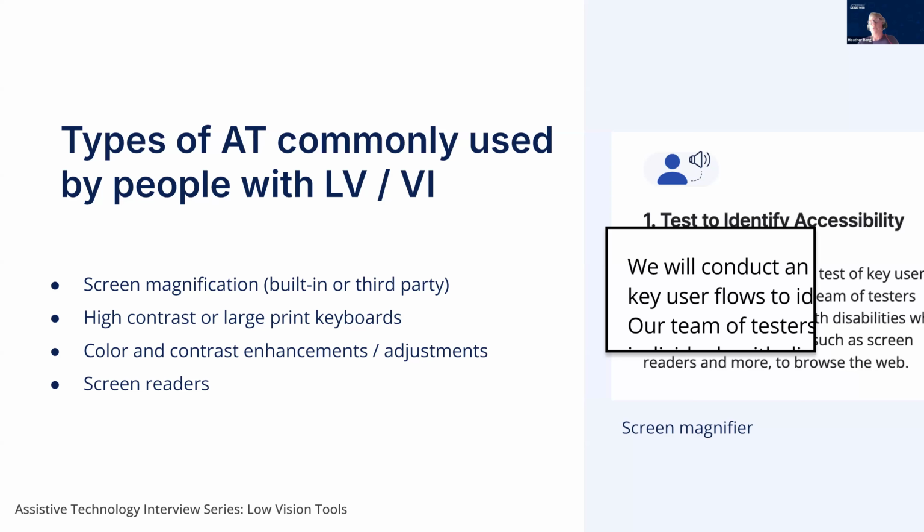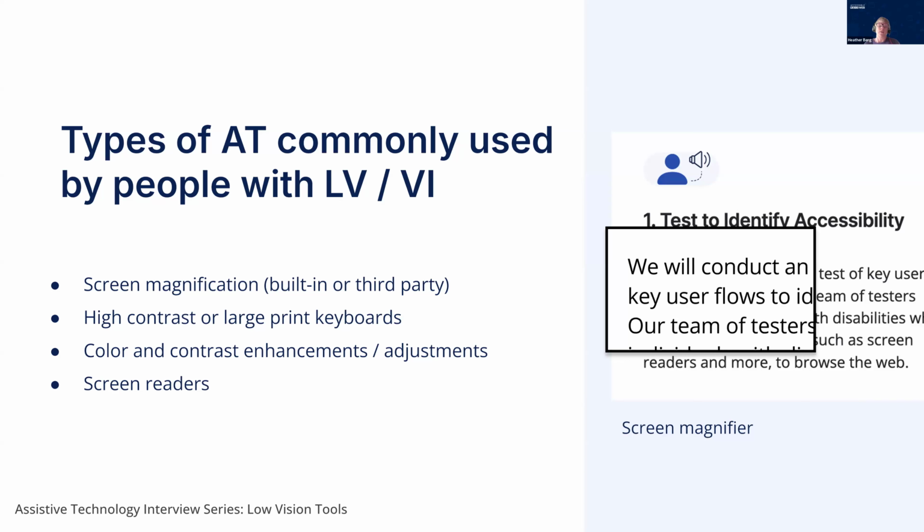You may also find folks with low vision will use either a high contrast or a large print keyboard or input device to make it easier to see what they're typing. Also, color and contrast enhancements or adjustments, things like reducing transparency, increasing contrast, or including additional visual indicators like on your mouse pointer or your text cursor to make them easier to track and locate on the screen.